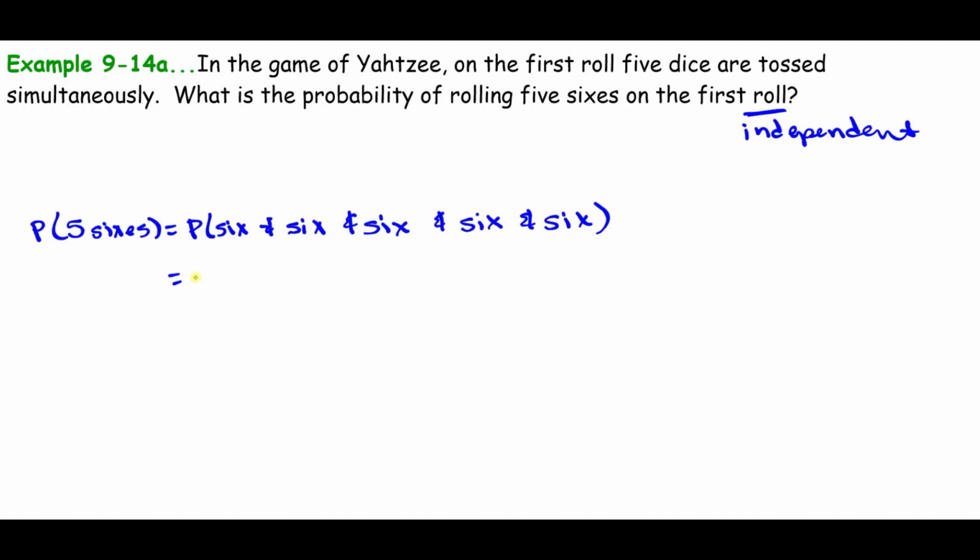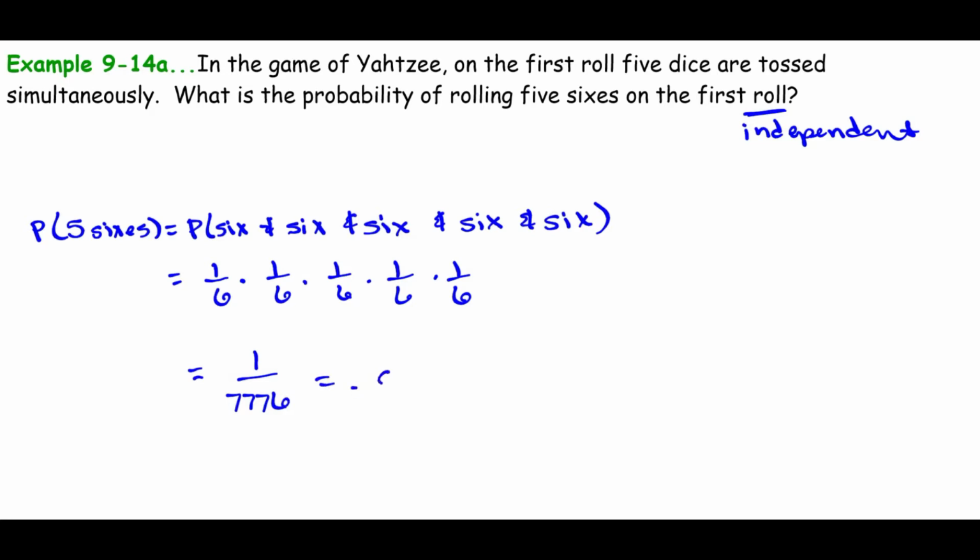Remember, "and" tells me that I'm going to multiply. So the probability that the first one is a 6 is 1 out of 6, and then 1 out of 6, 1 out of 6, 1 out of 6, 1 out of 6.